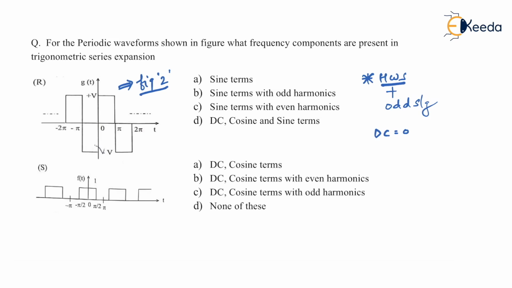So first point, DC value equal to 0, and half wave symmetry also tells you that only odd harmonics are present. And since it is an odd signal, it will have only sinusoidal components, that is sine components. We know that for an even signal we always get cosine terms, and for an odd signal we get sine terms. So it will have sine terms also.